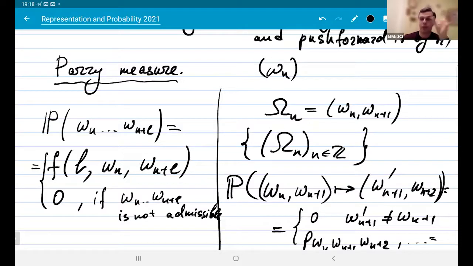This means that for some pair of adjacent indices, you have A omega k, omega k plus 1 equals 0. If so, then this probability is definitely 0. So here is a definition. The probability of any concrete path from one state to another depends only on the initial vertex of this path, the final vertex, and the length. That's it.